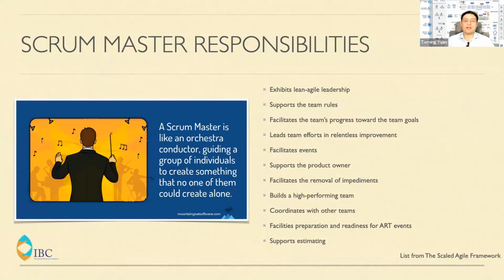We need to estimate efforts, helping the developers as well as the product owners to estimate the effort needed in certain user stories. How long are we going to take to finish a user story? Is this user story able to fit in this sprint? Or is the user story too big? Can we break it down into smaller pieces? So that's the responsibility of a Scrum Master.